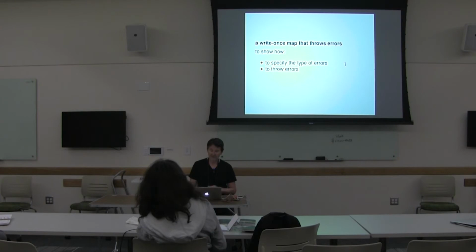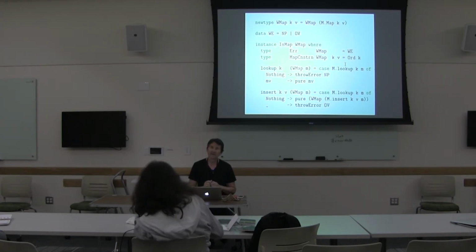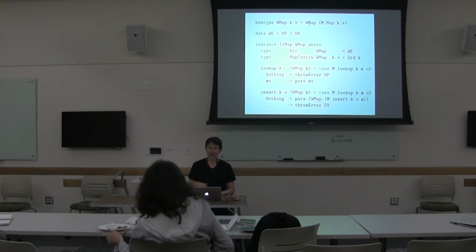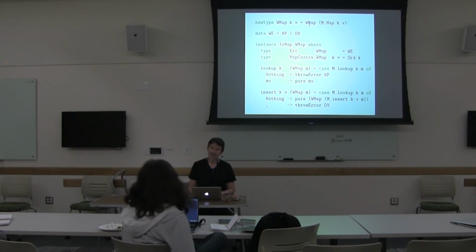Okay, so now I'm going to show another map, and this is completely made up, and the main point of this is to show that you can throw errors, because none of the other things I'm doing throw errors. And so I'm just saying that I've got the same map that I had before, but I'm wrapping it up in a new type. And that's just so I can define a different instance, because I've already defined one for the regular map.